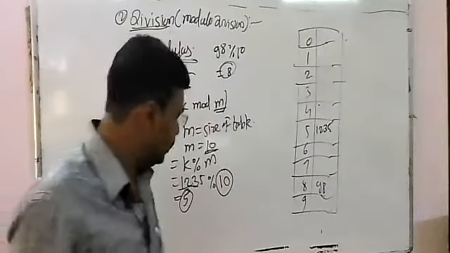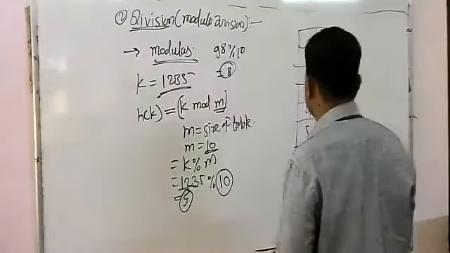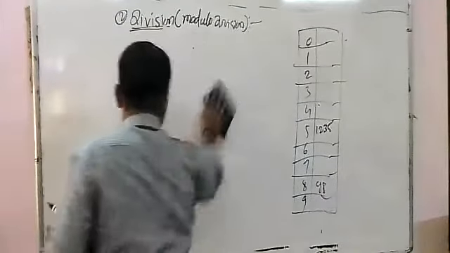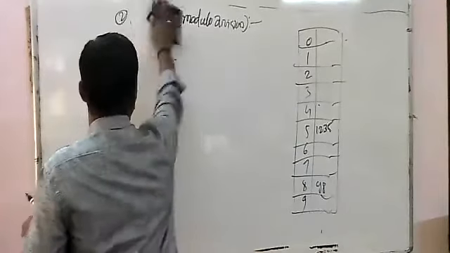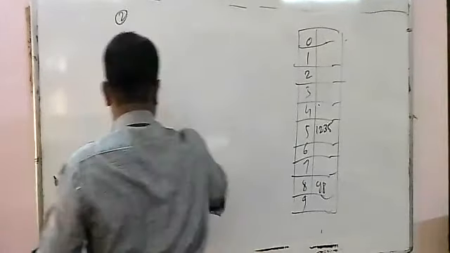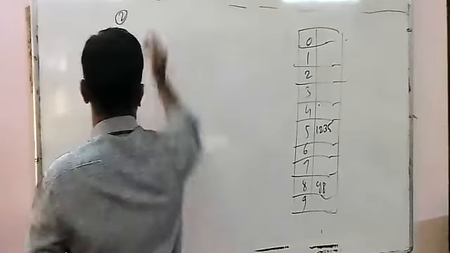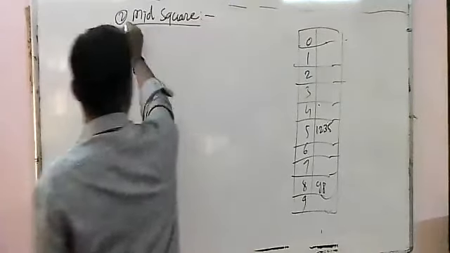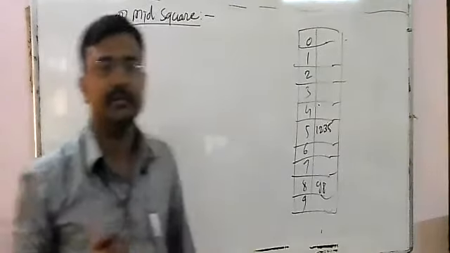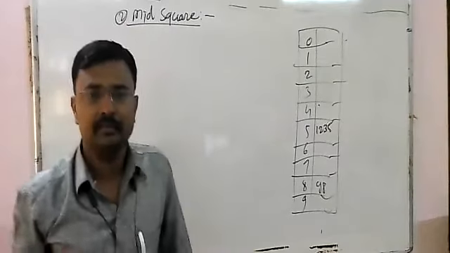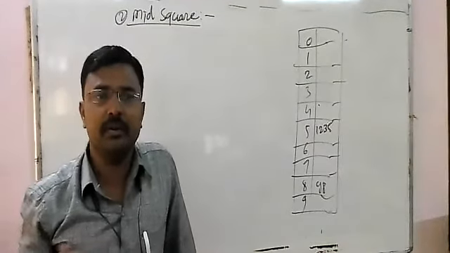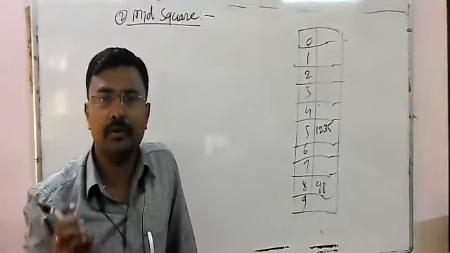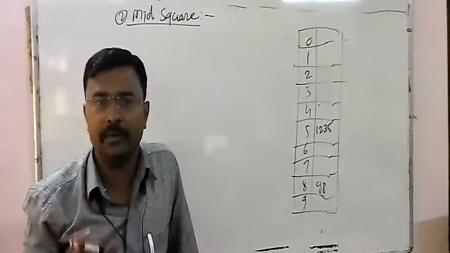Then the third technique is mid square. In this technique, first we are going to square our element value.